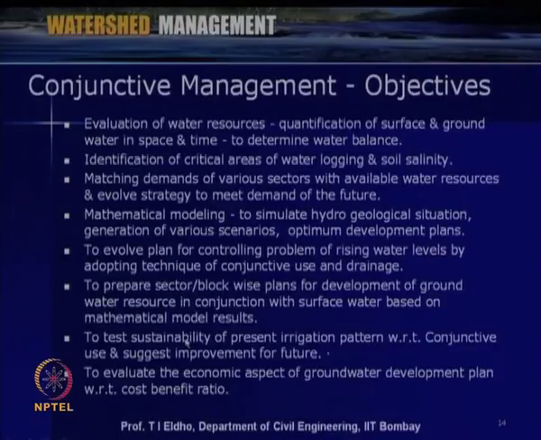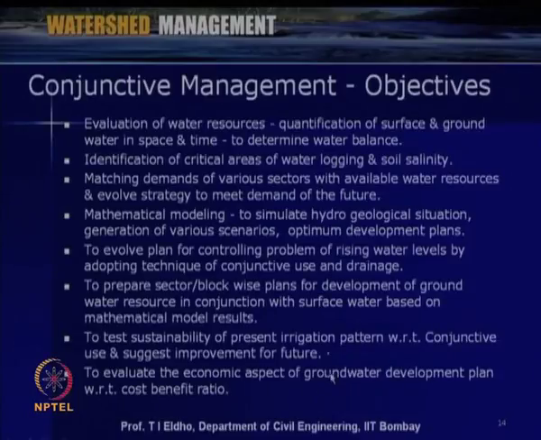Then to test sustainability of the present irrigation pattern. So, what is the existing irrigation pattern, whether it is sustainable, and whether if we go for conjunctive use, that will improve the situation. And so, based upon all this we can say whether we can improve the future water availability.